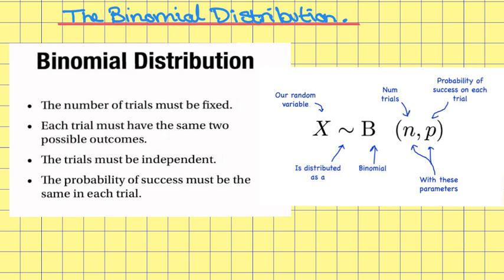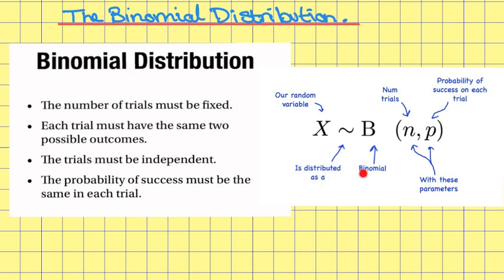When we are using the binomial distribution, we write it in this specific way. Capital X, or any capital letter, stands for the random variable. The squiggly line means is distributed as.